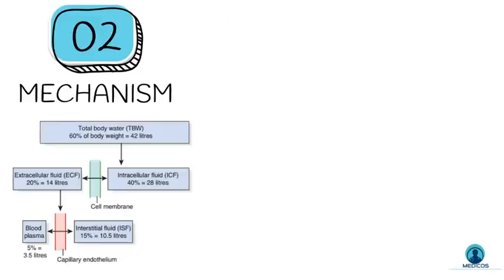When it comes to the mechanism of edema formation, as you can see in the picture, around 60% of our body is made from water, and 2/3 of this water is located inside the cell, which is what we call intracellular fluid. The rest 1/3 is outside the cell, or extracellular fluid, and this extracellular fluid is divided into plasma, which is around 5% of total body water, and interstitial fluid, which is around 15% of total body water, by semi-permeable capillary endothelium.